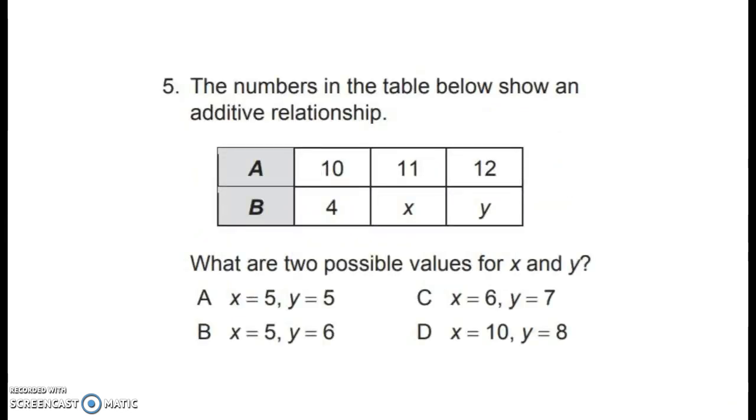Number 5. The numbers in the table below show an additive relationship. A: 10, 11, 12. B: 4, X, Y. What are the 2 possible values for X and Y?